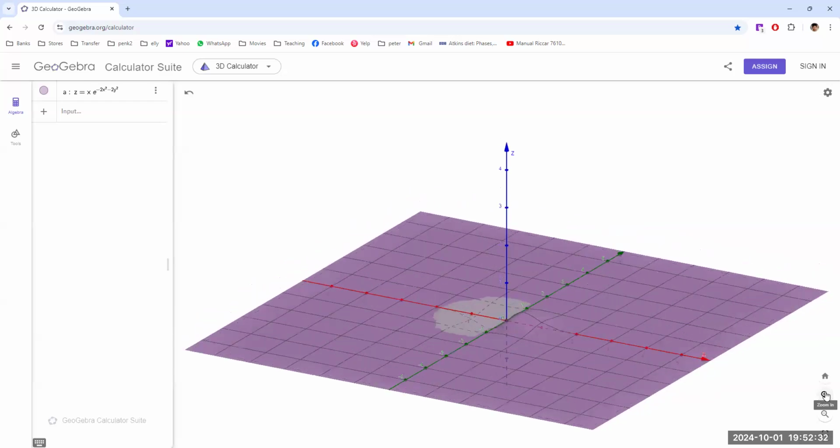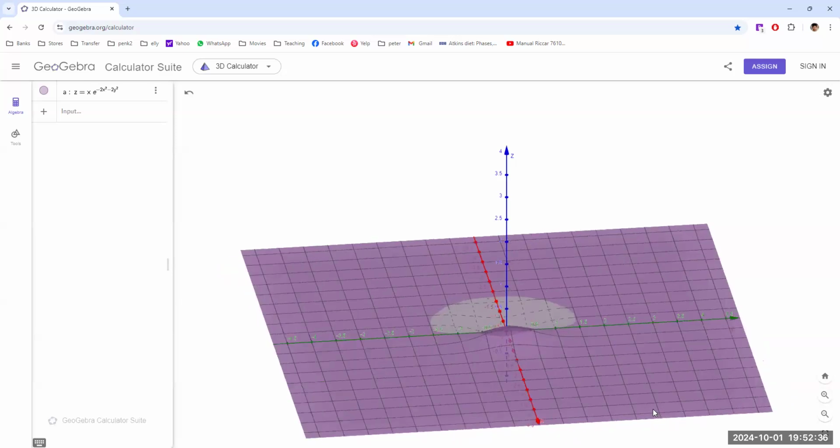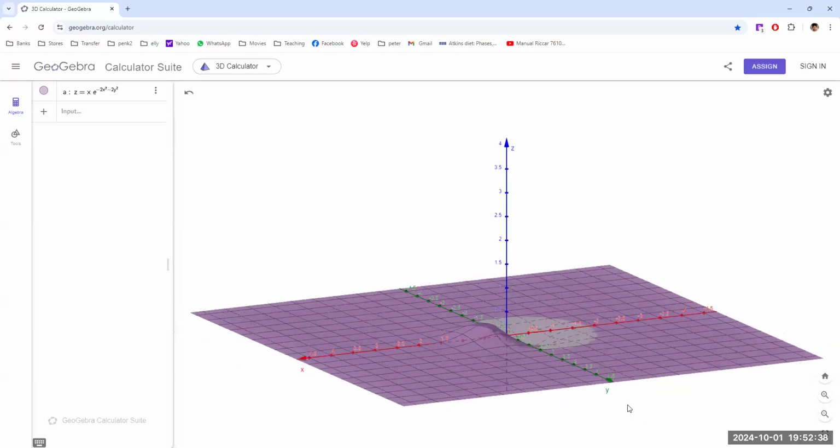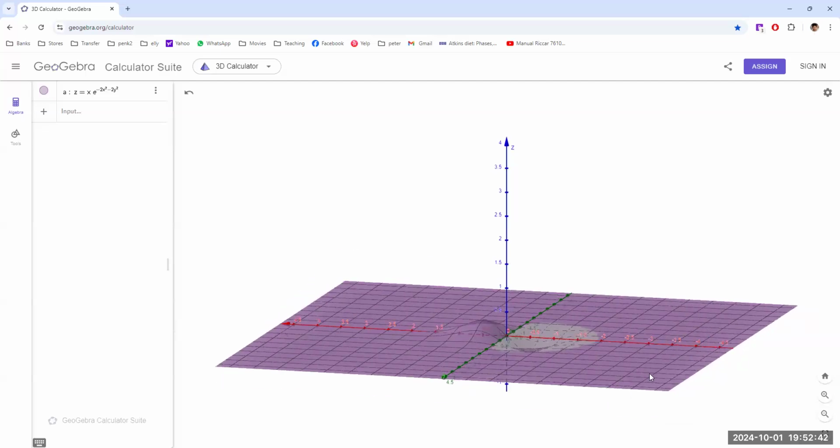I think it's a better view, huh? Because it gives us the grids, right? Can you see that? Yeah, maybe this is a better screenshot. Let's screenshot here, and then put it in our notes.